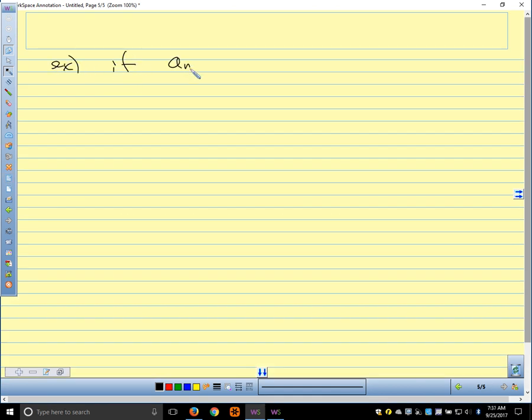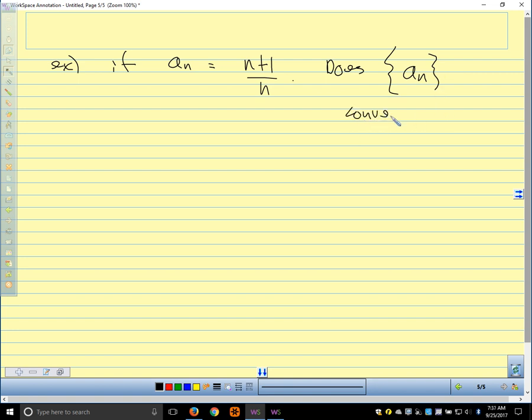If our nth term is (n plus 1) over n, does this converge? So first off, what is this, when we put the term in braces like that?